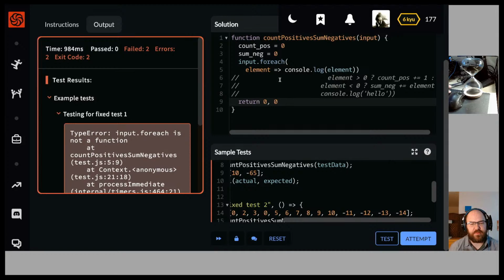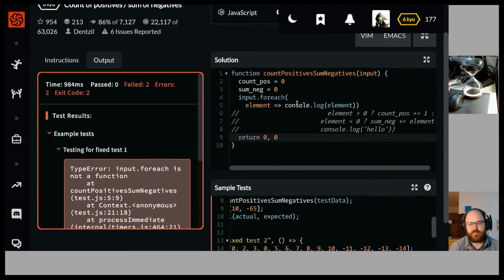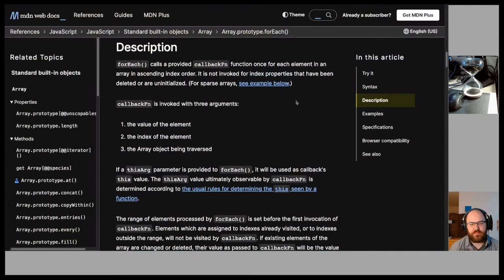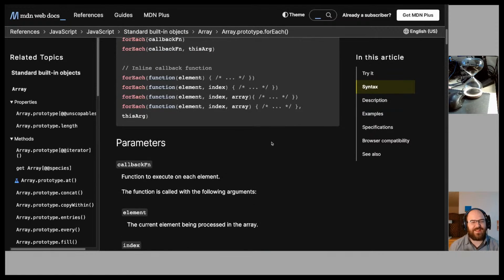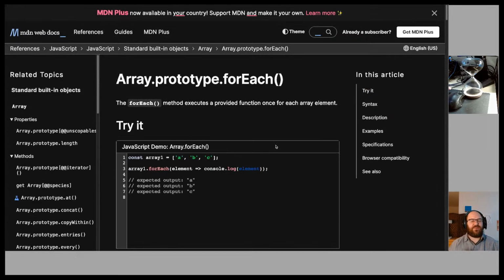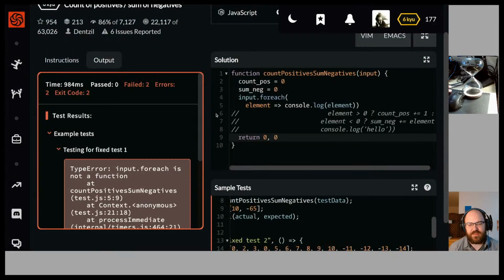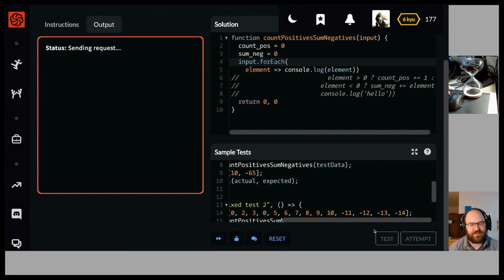No, that wasn't the problem. Huh. Oh. forEach. Capital E. Casing. Of course forEach is not a function if I spell it wrong. Oh, that kind of hurts. Alright.